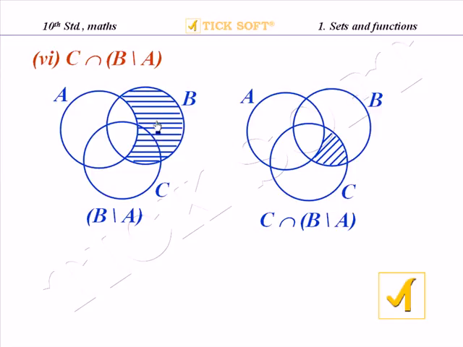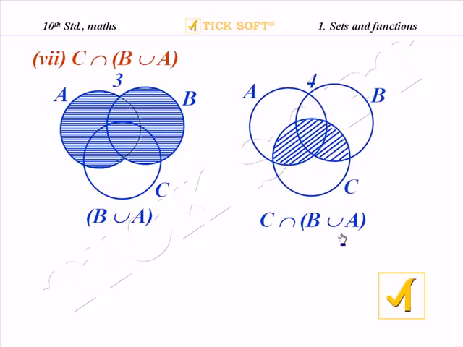So this is B difference A. Then C intersection B difference A means with this B difference A, we have to find the intersection of C. So what is C here? This is C. So the C in this B difference A is only this part. So that is what we are having, C intersection B difference A.